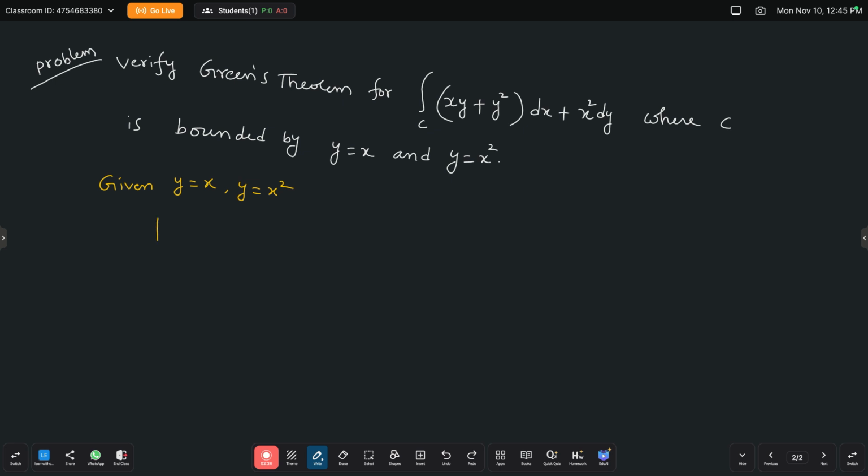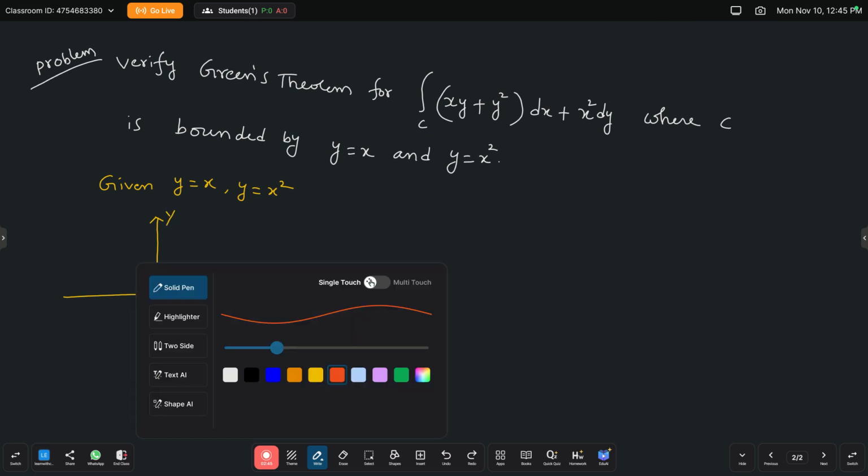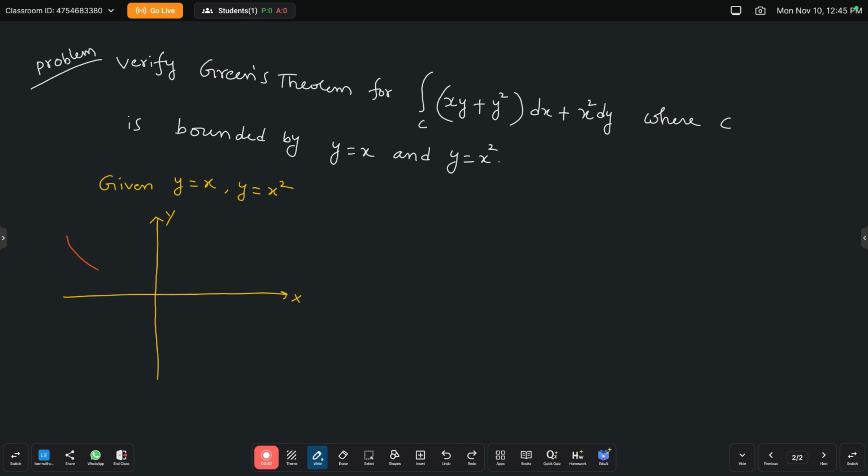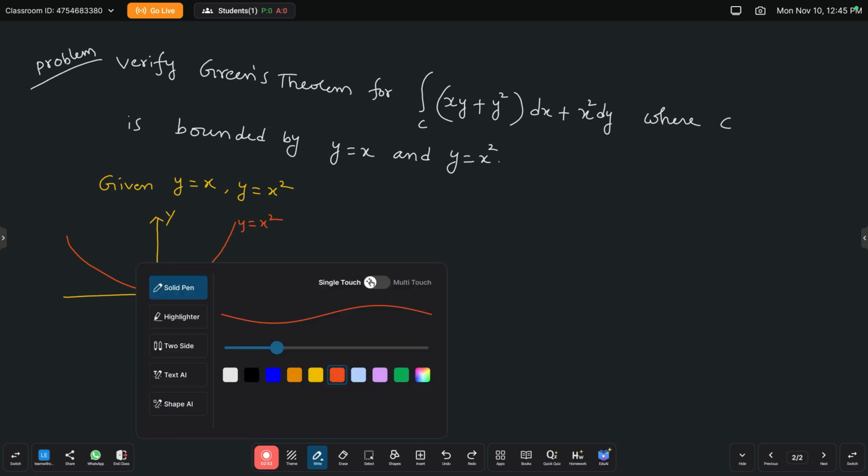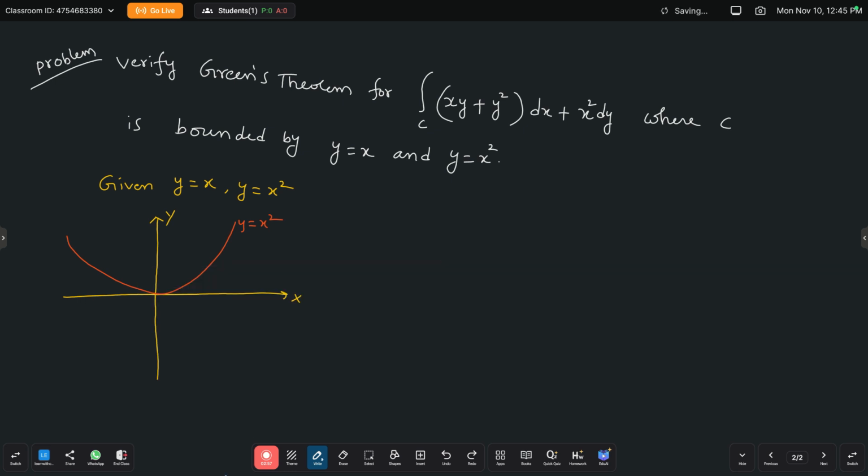If you take these curves on the graph like this, it is the xy plane. Y is equal to x square is this graph, it is a parabola, and y is equal to x is the line passing through the origin. Like this, y is equal to x.